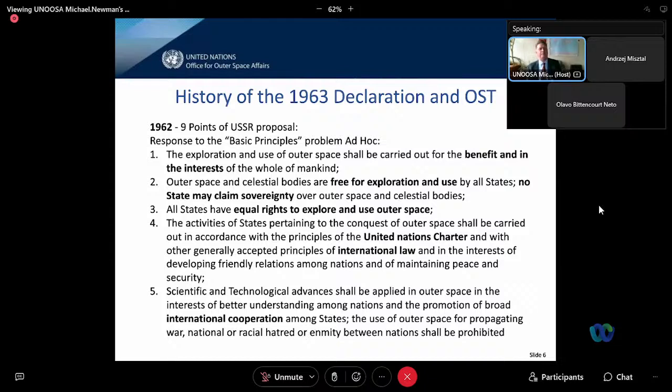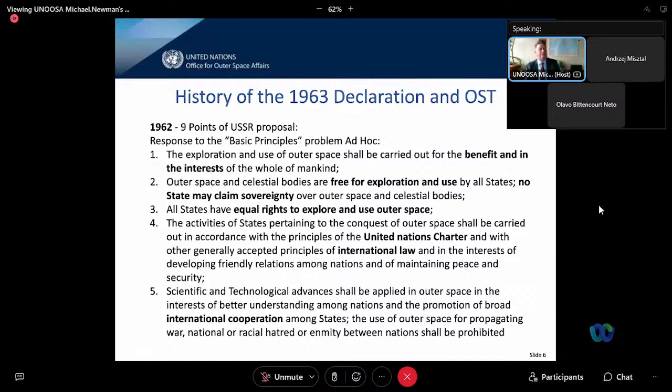So they proposed 9 points: that exploration and use of outer space be carried out for the benefit and in the interest of the whole of mankind; free exploration and use by all states would be enshrined; no state may claim sovereignty over outer space or celestial bodies; all states have equal right to explore and use outer space; and the activities of the conquest of outer space, let's say, must be done in accordance with the United Nations Charter and international law.